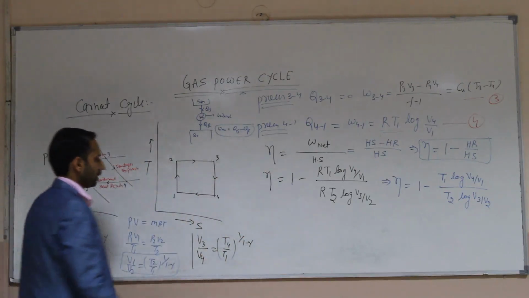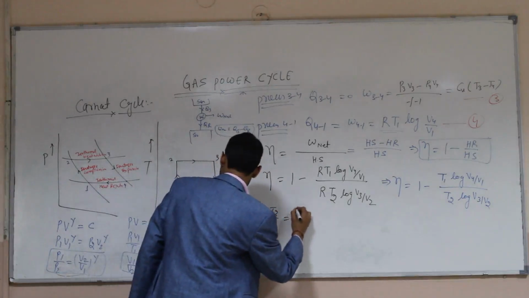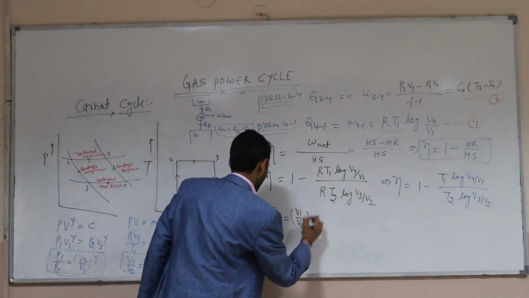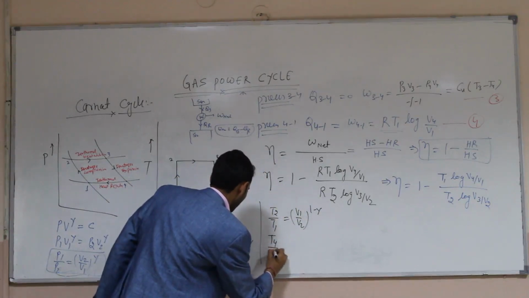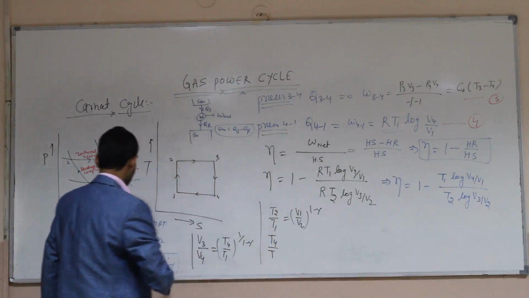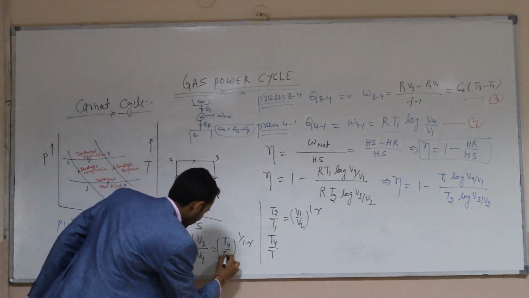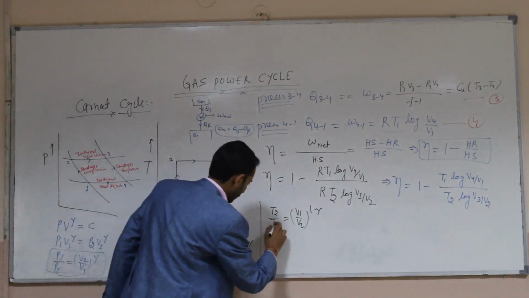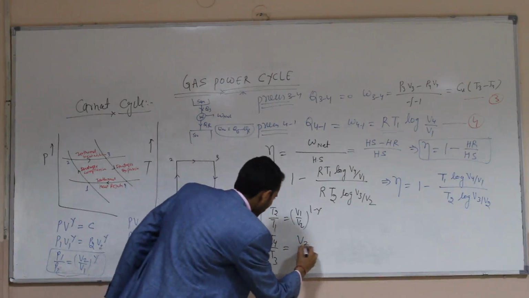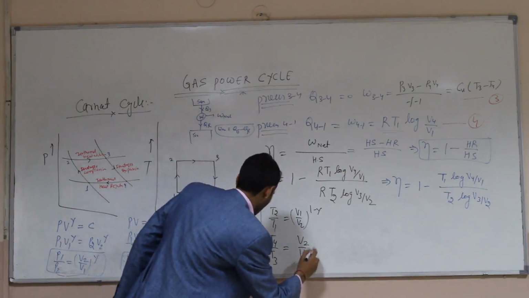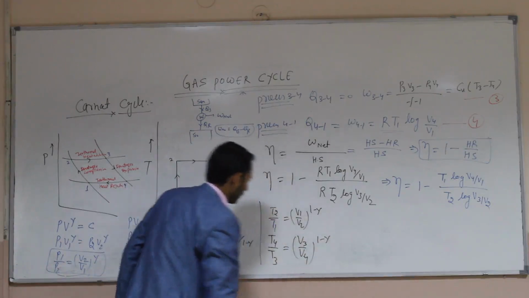If we now solve this equation, then T2 by T1 is equal to (V1 by V2) to the power 1 minus gamma, and then T4 by T3 is equal to (V3 by V4) to the power 1 minus gamma.